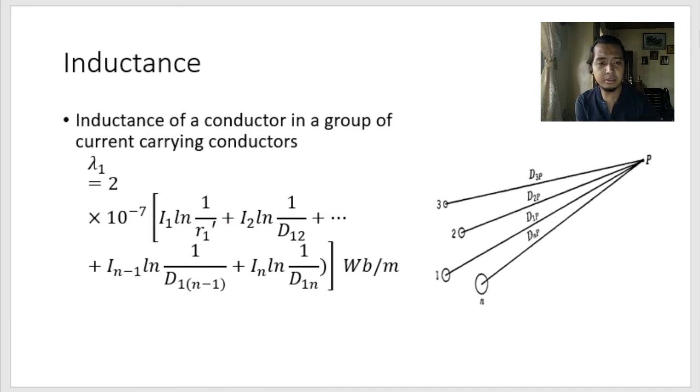Then you have an I3, ln of 1 over D23, and so on up to n conductors. So that's how you get the flux linkage on a conductor.